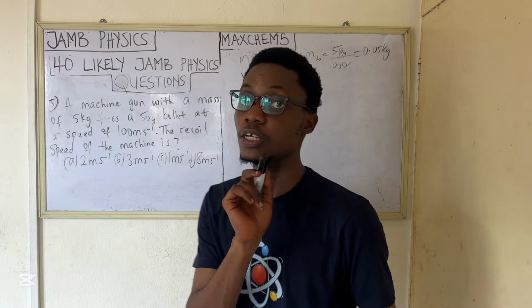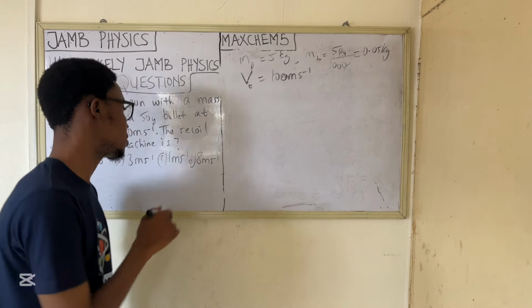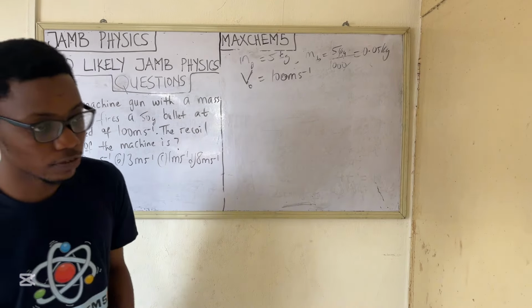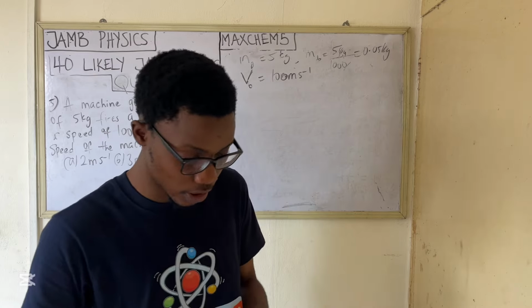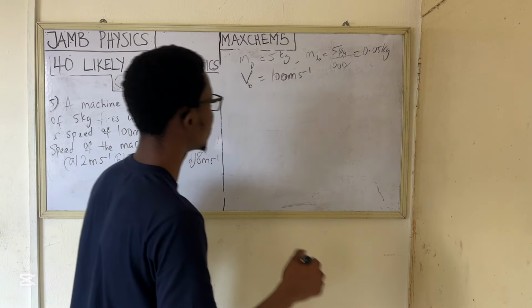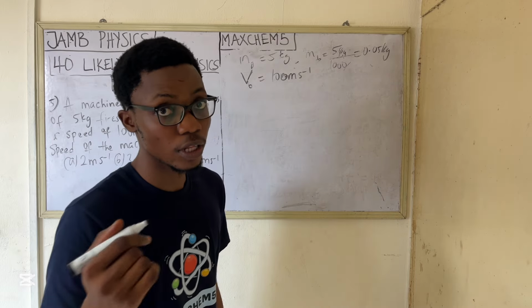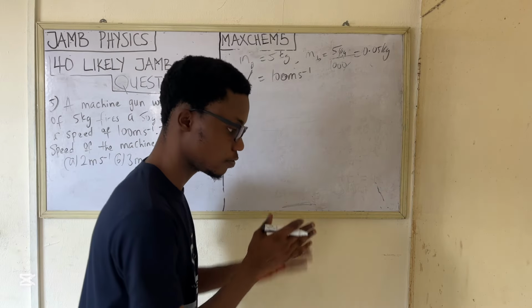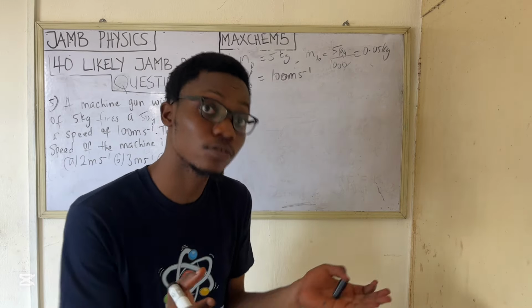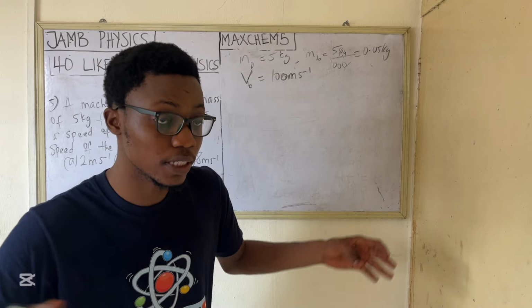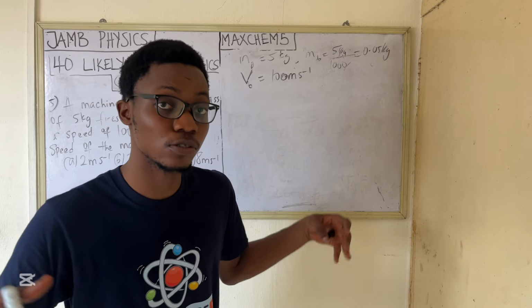So if you want to get your recoil velocity, you can remember the law of conservation of momentum. It states that the total momentum, the momentum of the first body and the momentum of the second body, when they separate, is equal to 0.